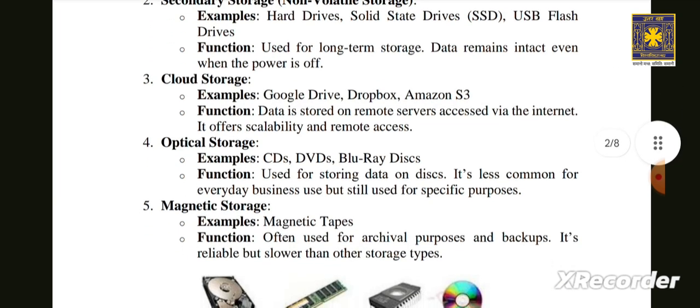We also have optical storage, which includes CDs, DVDs, and Blu-ray discs. This type of storage is less common for everyday business use, but it is still useful for a specific purpose, like distributing media or keeping long-term archives.